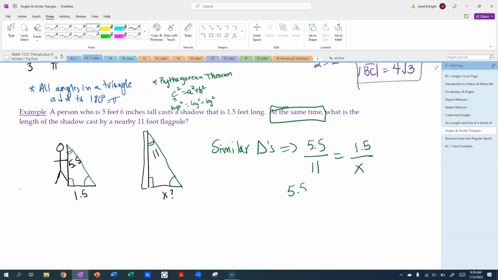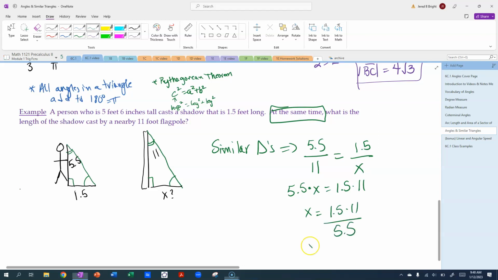So 5.5 times x is equal to 1.5 times 11, my bad. So x is equal to 1.5 times 11 over 5.5. Do that arithmetic and I get 3. Okay, so I've solved the exercise.